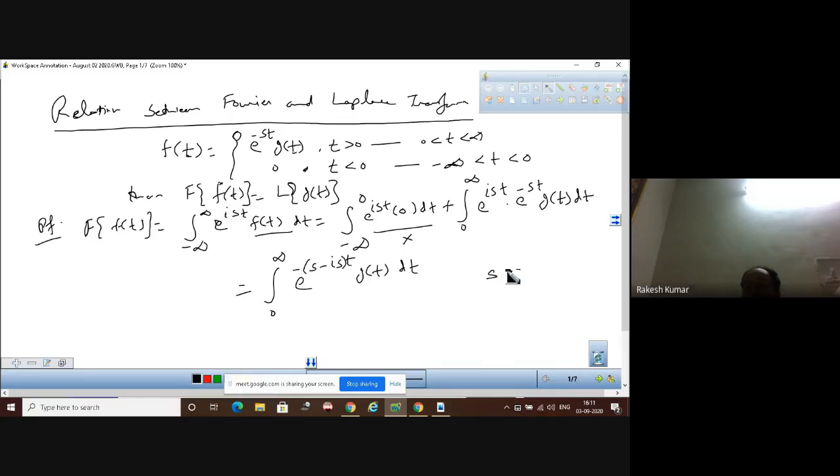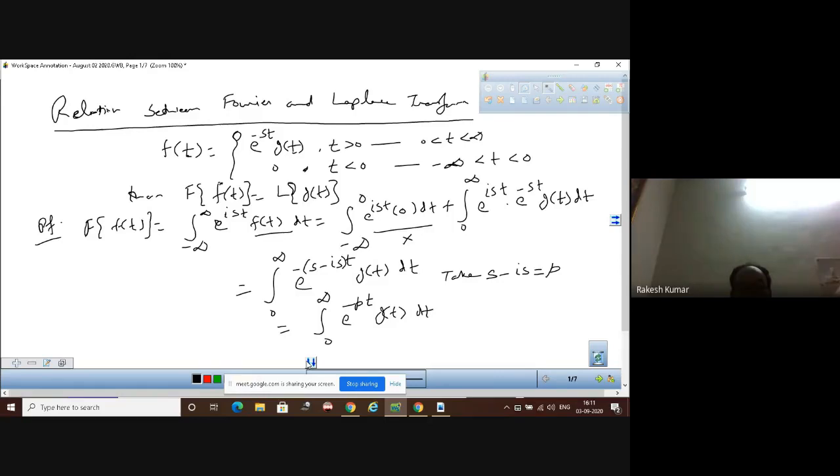So if s is a parameter, then s minus iota s will also be a parameter. So we can name it as a new parameter, small p. So ultimately we can take s minus iota s as small p. So that is e raised to power minus pt into g of t dt.